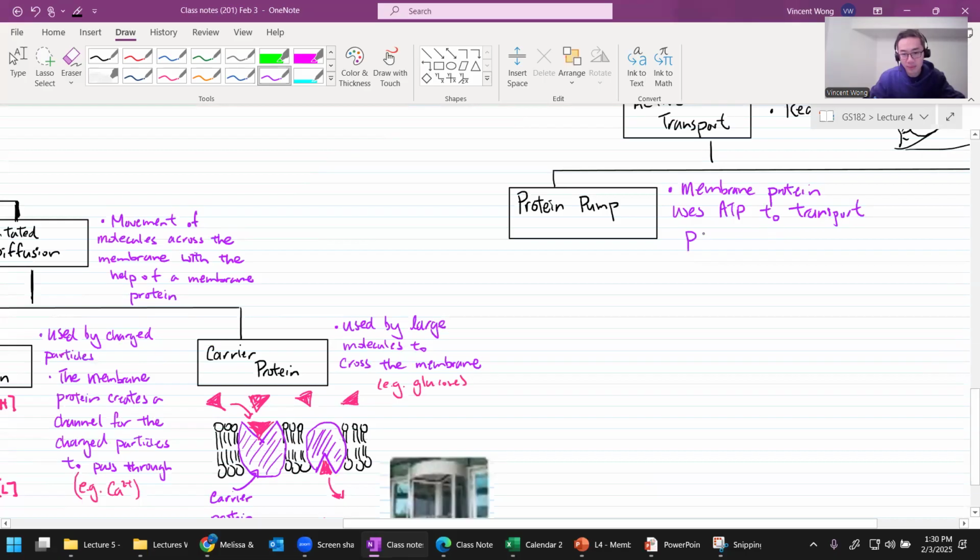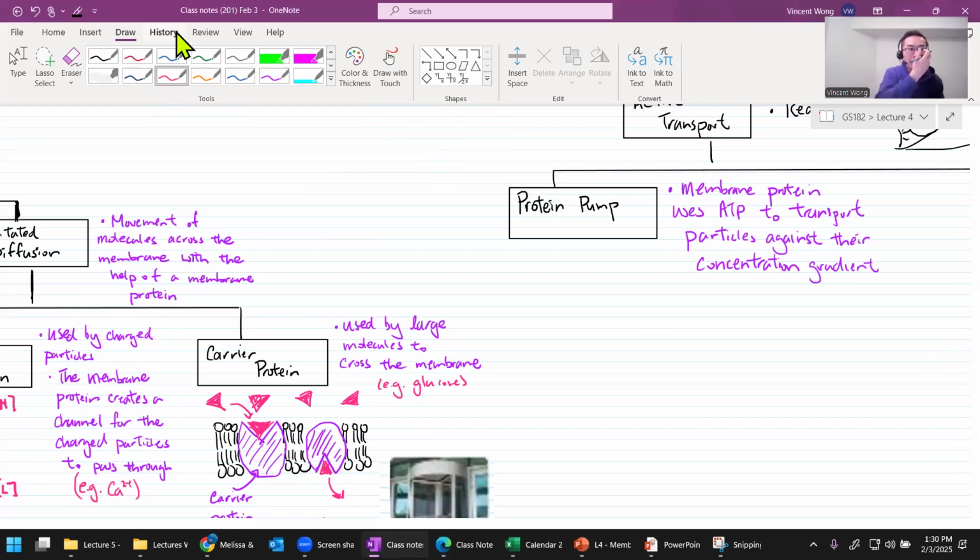Particles just means things. They want to go downhill, but nope, we're going to force them to go against what they want to do, against the concentration gradient. And I'm going to give you two examples here.